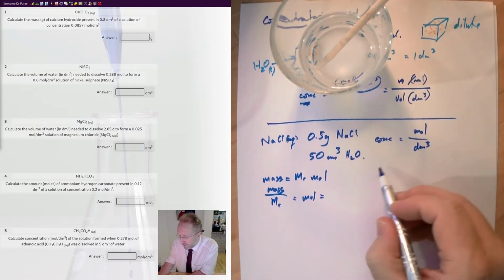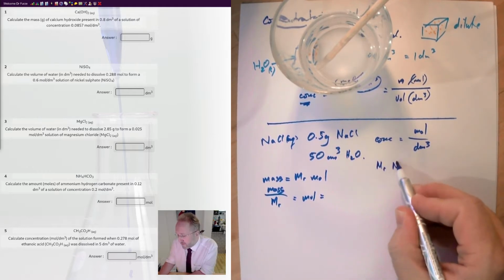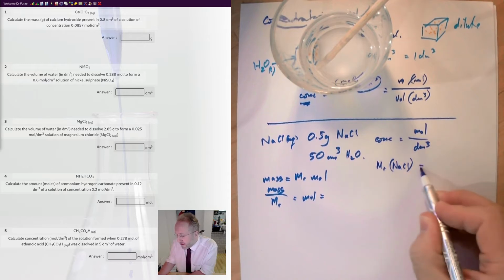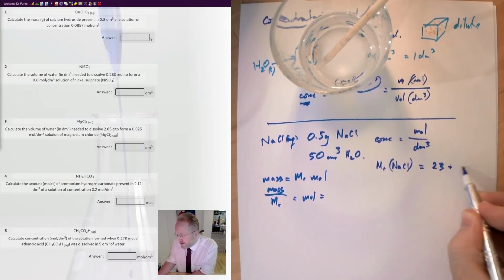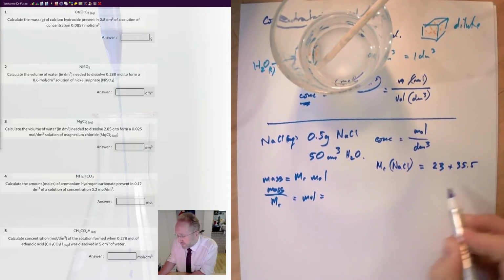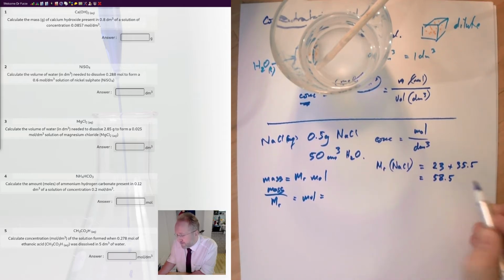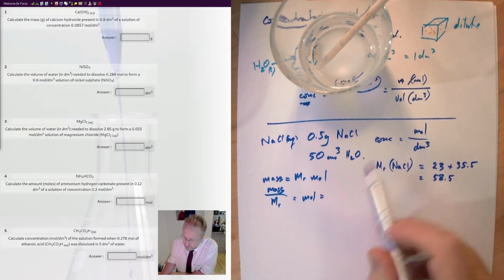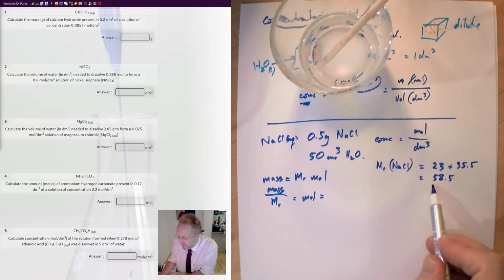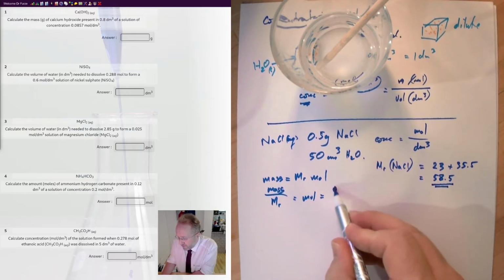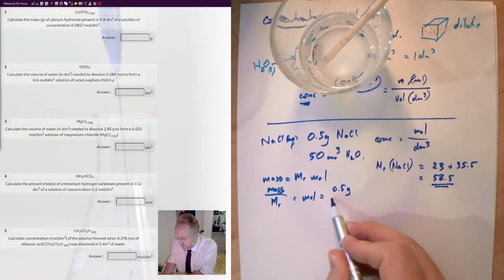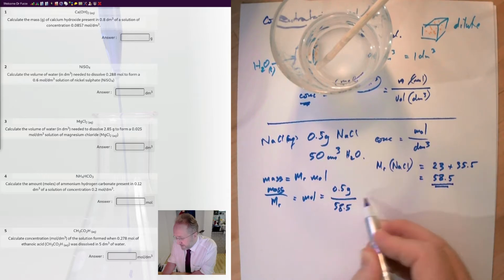Now, what is the Mr? So the Mr of NaCl is going to be equal to 23 plus 35.5, which is 58.5. The relative formula mass, 58.5. Okay, so we have 0.5 grams divided by the Mr, which is 58.5.